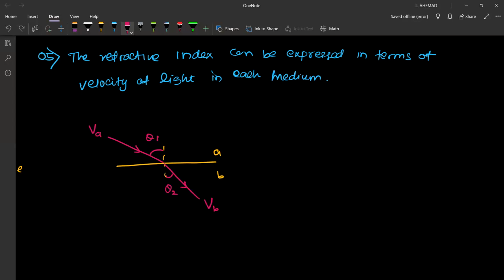Then we can write NBA is equal to velocity in A over velocity in B. We compare the speed in the previous medium with the new medium. So just remember, we go with the same order. A is above, B is below.